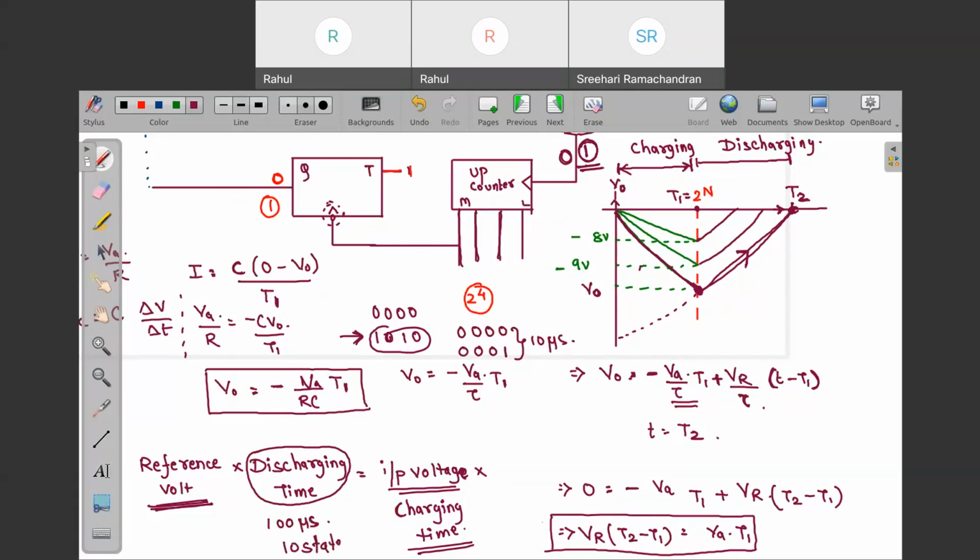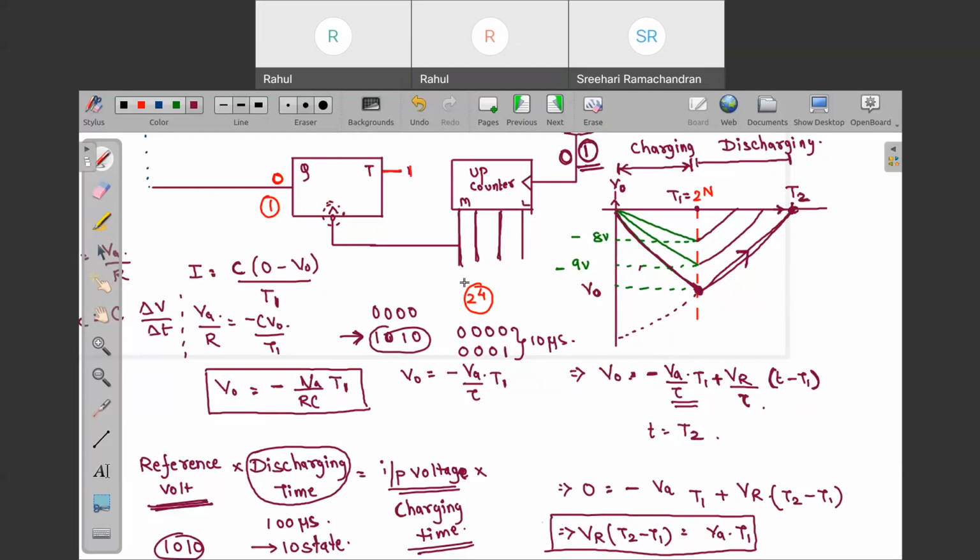So 10 state changes in up counter means 1010. So from this discharging time, you can calculate what will be the output of your up counter, or what will be the corresponding bit change for your VA. Is this operation clear? How it is working? Clear, clear. Are you sure? Is this working clear? Yes.